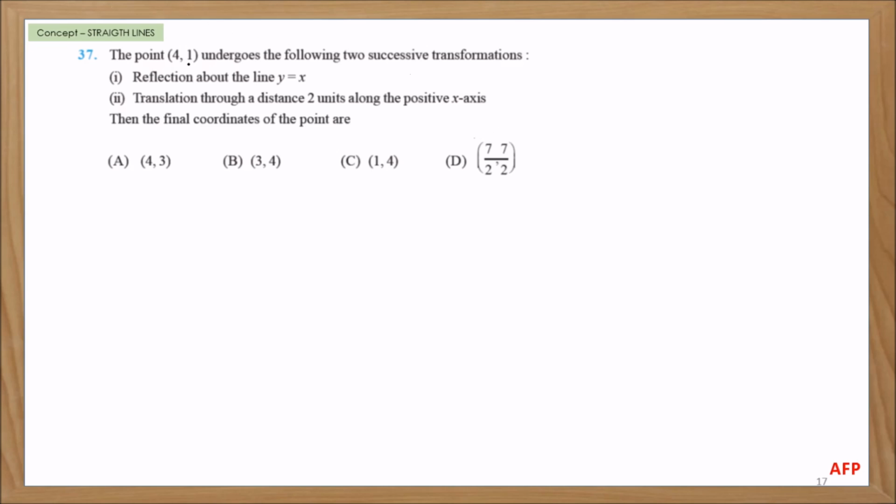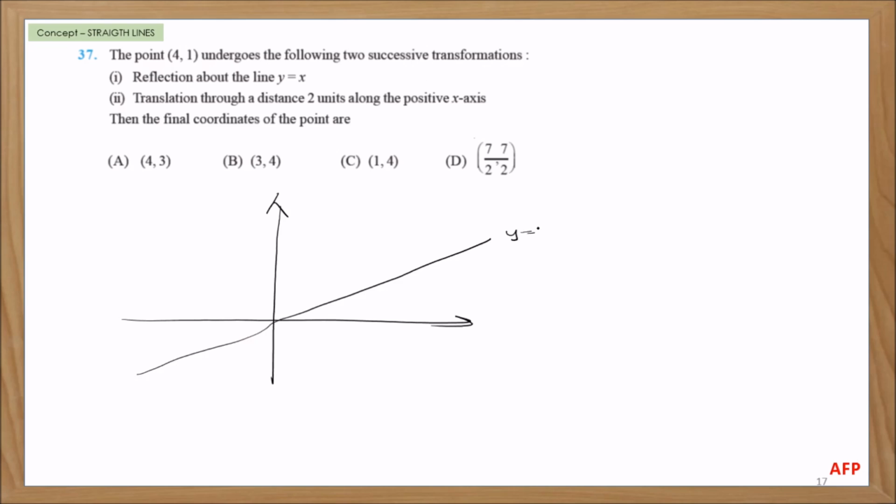Next, a line undergoes 2 successive transformations. This is the x-axis, y-axis, reflection on y is equal to x. So here is a point, somewhere 4 comma 1.